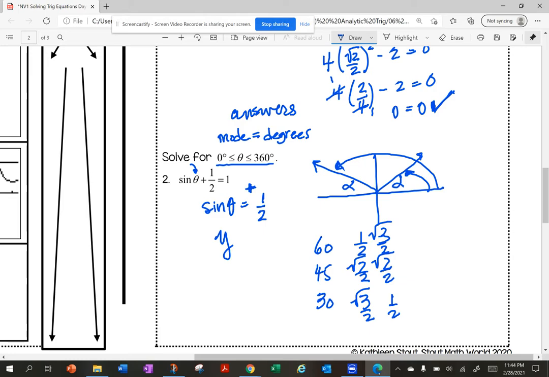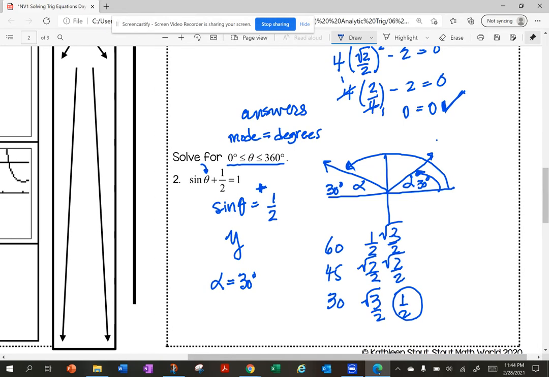So the y value where I am a half is at 30 degrees. So my alpha, my reference angle, is 30 degrees. So this is 30 degrees, and this is 30 degrees. So the two angles I'm talking about are at 30 degrees, and then 180 minus 30 is 150 degrees. So my two angles are 30 degrees and 150 degrees.